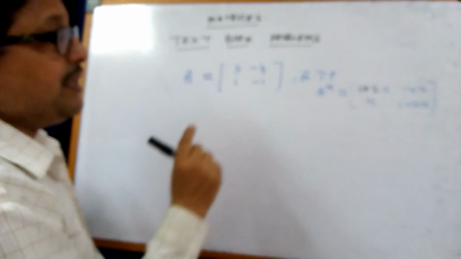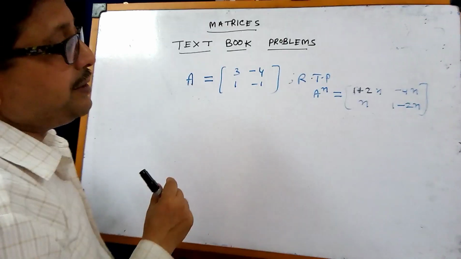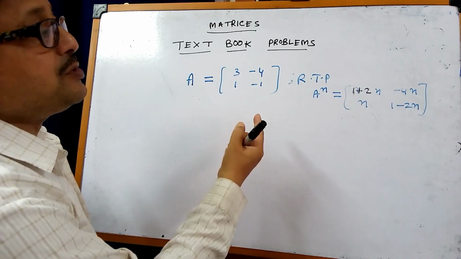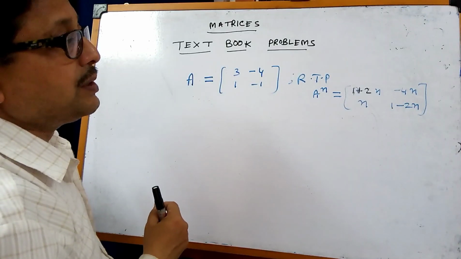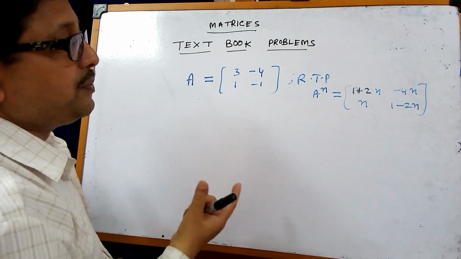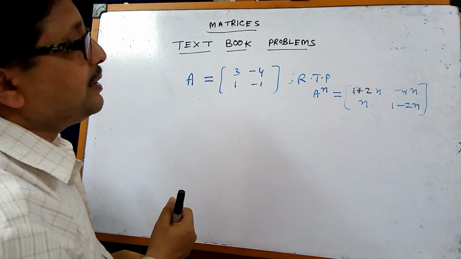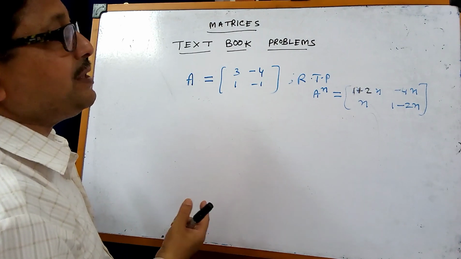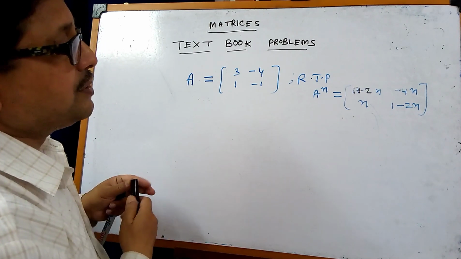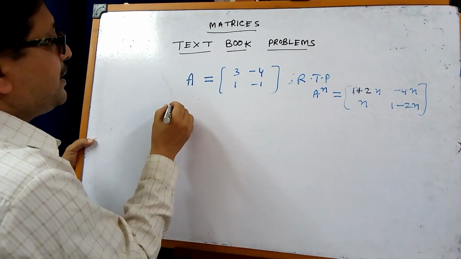First, the basis step, where you prove that it is true for n equal to 1. Then you go for the inductive step, where you assume that it is true for n equal to some integer k, and then you prove that it is true for n equal to k plus 1. So for this sum, I will be starting that manner.